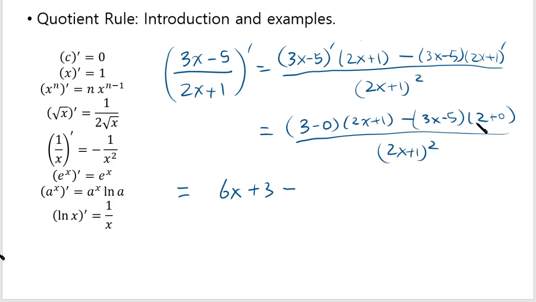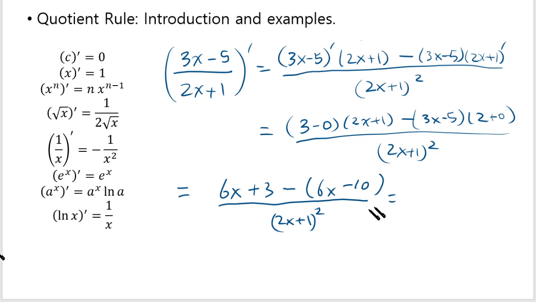Many people forget the parentheses, okay? If you forget the parentheses in this calculation, you will end up with a sign error. So make sure that when I multiply 2 by the other terms, I keep the parentheses intact. 2 times 3x, that's 6x. Negative 5 times 2, that's negative 10. Divided by 2x plus 1 squared.